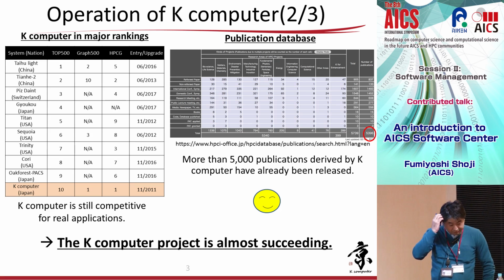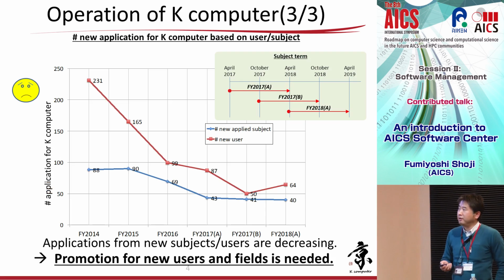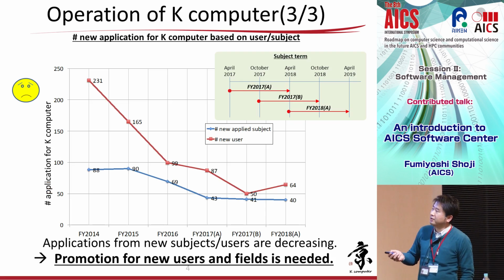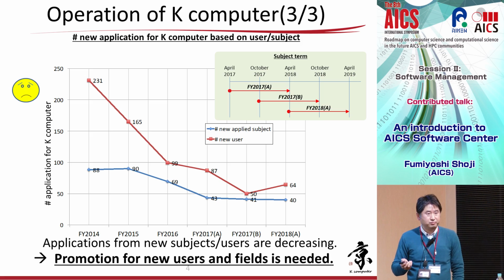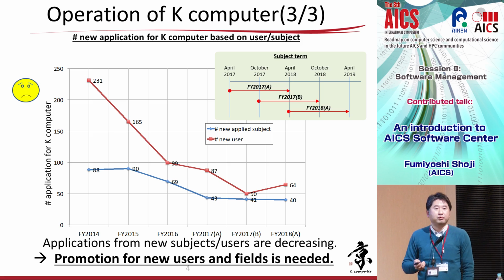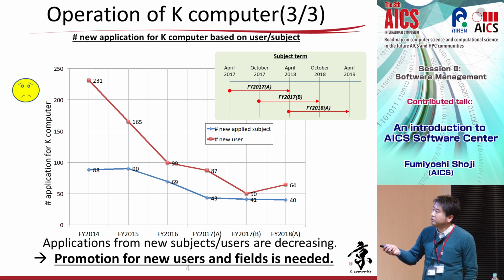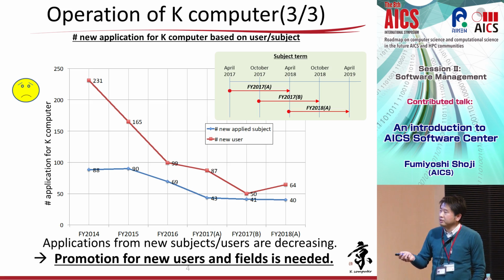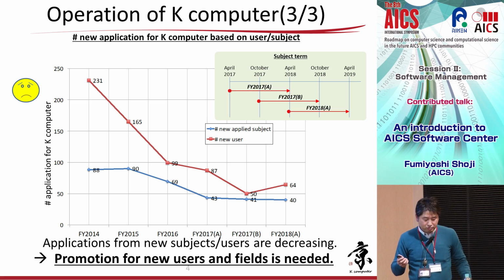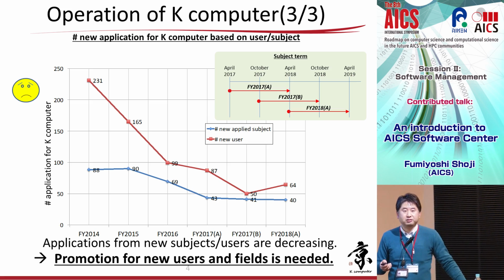But there is bad news. This graph shows the number of new applications for the K computer, based on the user count and the subject count. You see these scores decreasing.